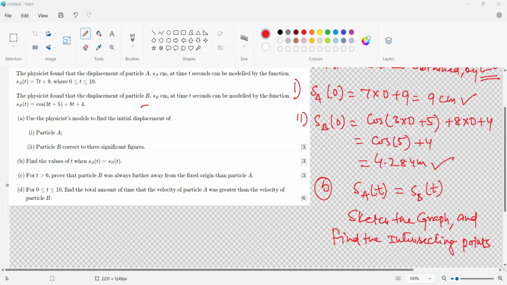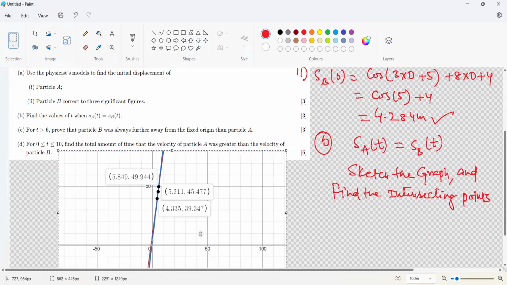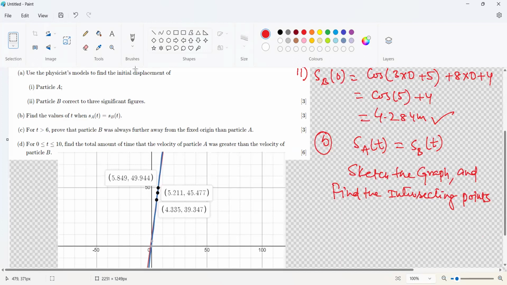See what I got. At which time they are intersecting. That is 4.34, 5.21, and 5.85.